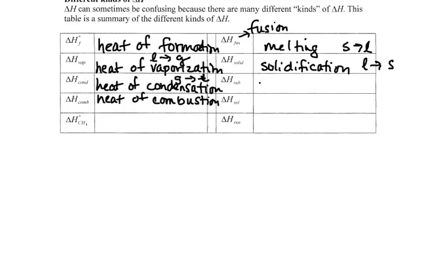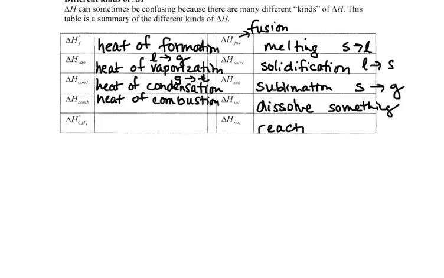Heat of sublimation is going from a solid to a gas. Heat of solution is when you dissolve something. And heat of reaction is what we've been working on, the entire reaction, like Hess's law.